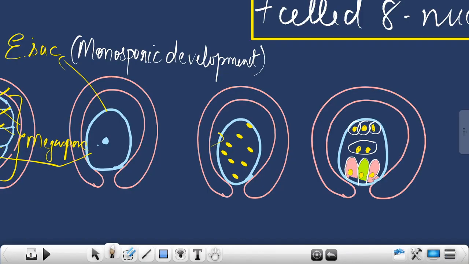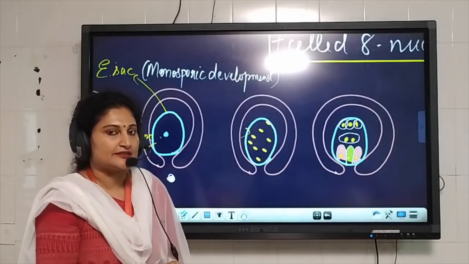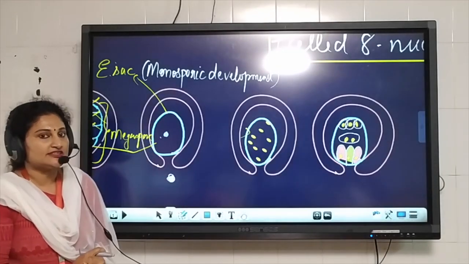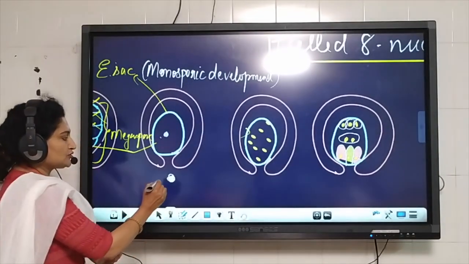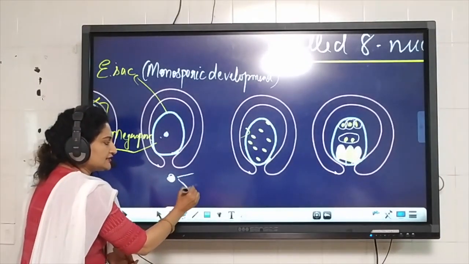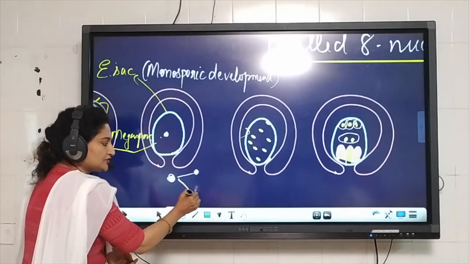Now what happens to the nucleus? This nucleus undergoes mitotic division. In the beginning of the class I told you the difference between meiosis and mitosis. As a result of mitosis, 2 daughter cells are produced. So the first mitotic division, 2 daughter cells are produced.